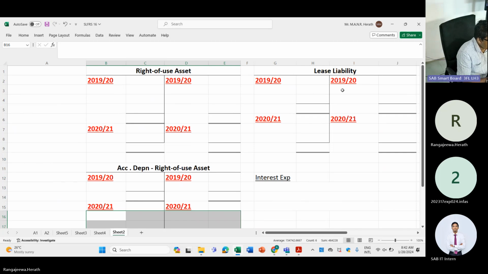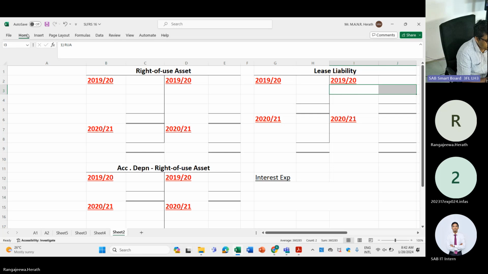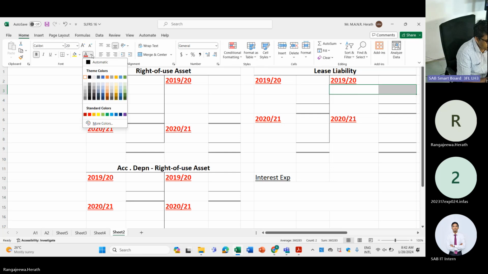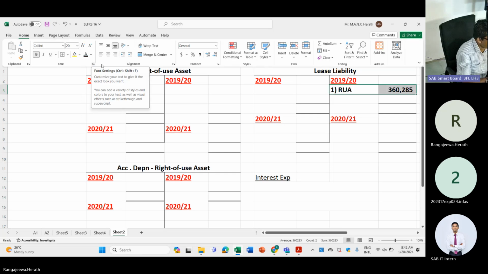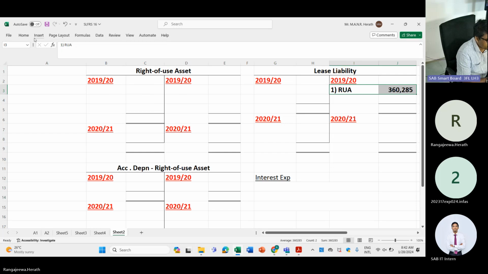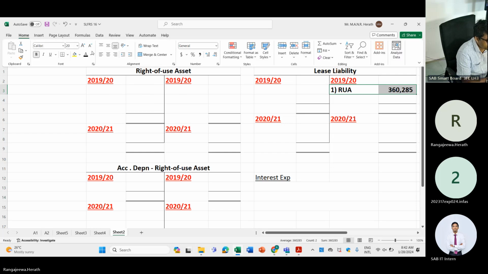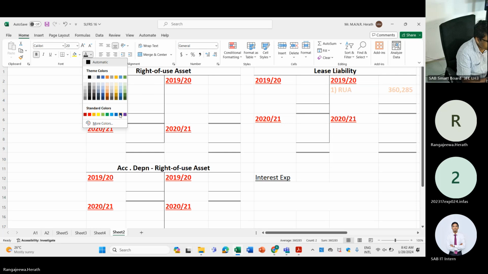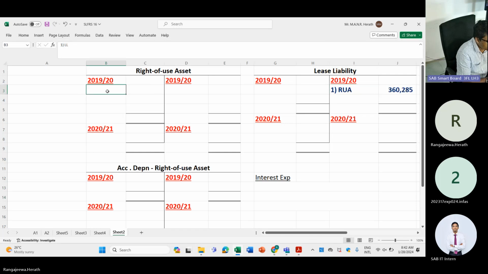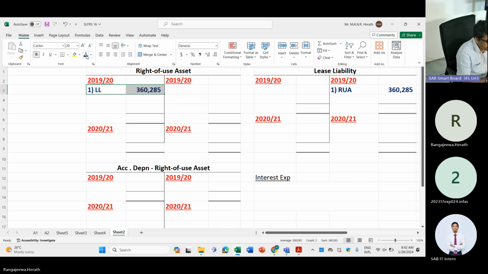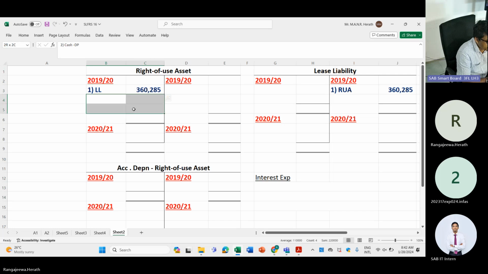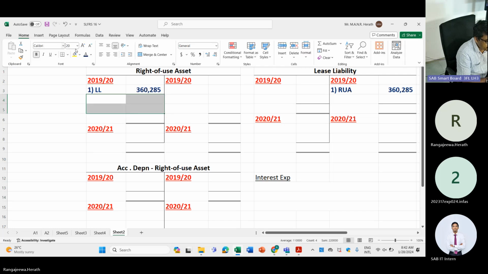You can credit lease liability and debit right of use asset 360,285. In addition to that, we debit right of use asset with the down payment and initial direct cost.